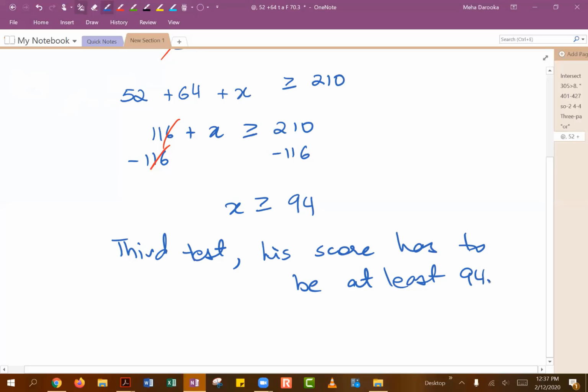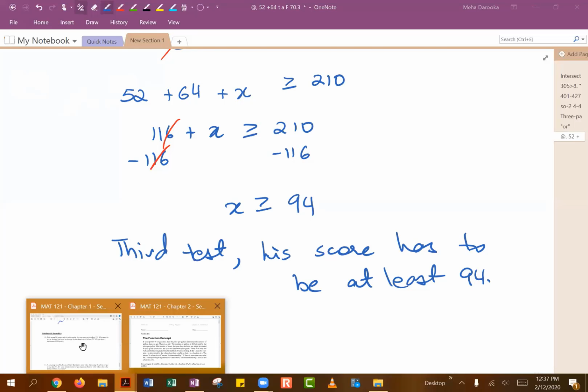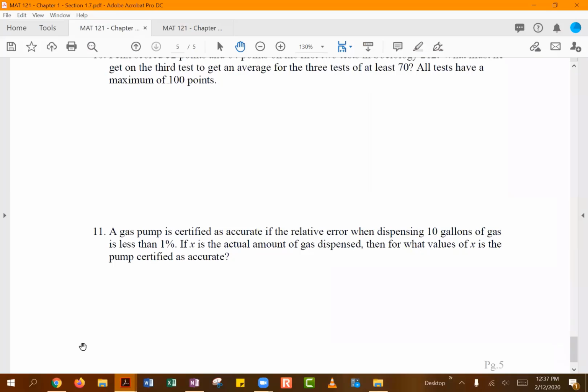Okay, so what was our example here? Okay, this is talking in terms of pump certification. They're saying if a gas pump is certified as being accurate, its relative error when it's dispensing 10 gallons of gas has to be less than 1%.